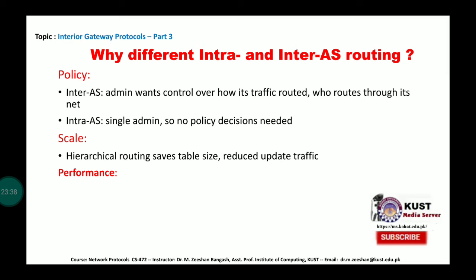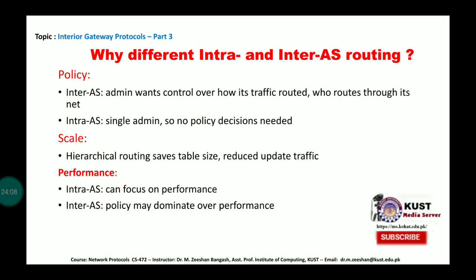And the third characteristic that makes the difference between the intra and inter autonomous system is the performance metrics. In the case of intra autonomous system, the main concern is to focus on performance. Because it is connecting the border gateways or border routers with other autonomous systems, performance is of key importance.